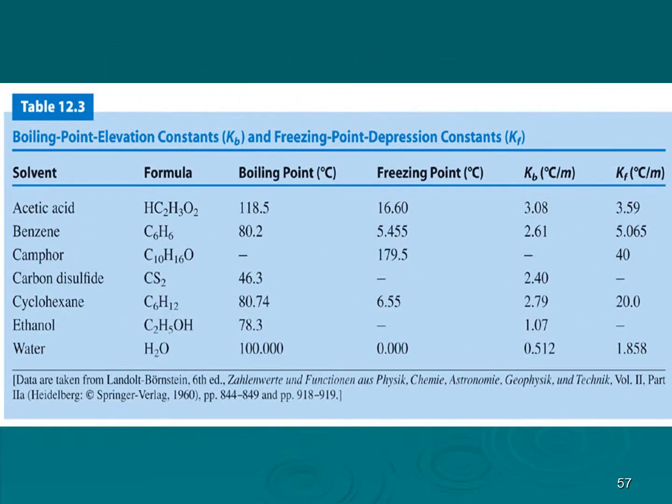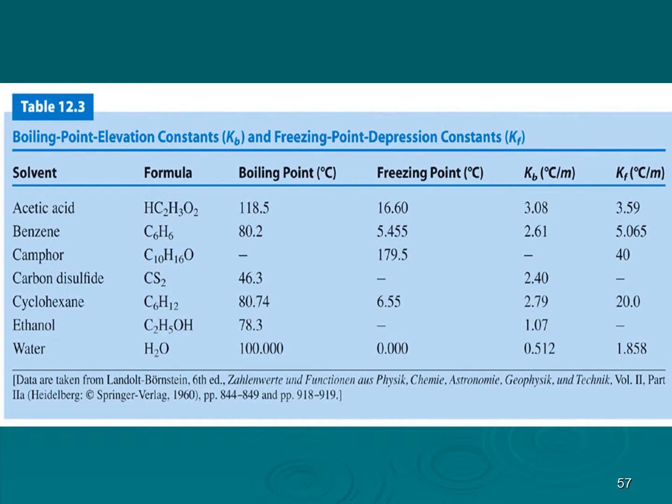Yes, again here, for water we saw the boiling point was 100 and the boiling point constant was 0.512. The freezing point for water, of course, is 0 degrees Celsius, and the KF is 1.858.